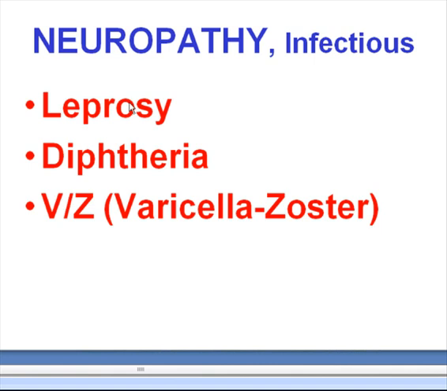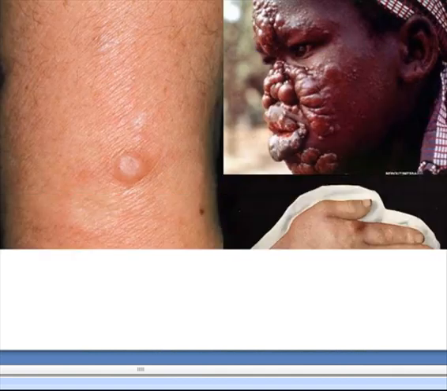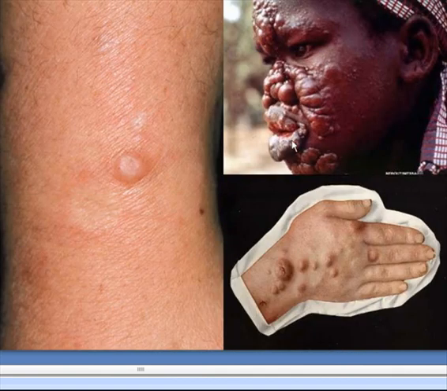And remember, we said that leprosy is an acid-fast bacteria like TB, and therefore if you do a stain, you see these little red bars here. Otherwise, all you see here is a nerve that is infiltrated by inflammatory cells.